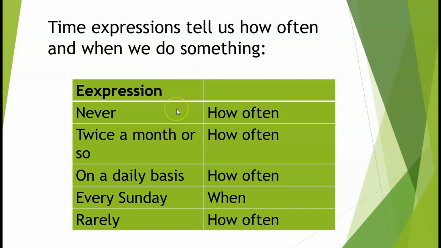In our video today, we saw several time expressions. We saw never. This one tells us how often we do something. Twice a month or so also tells us how often. On a daily basis tells us how often. Every Sunday tells us when. And then rarely also tells us how often we do something.